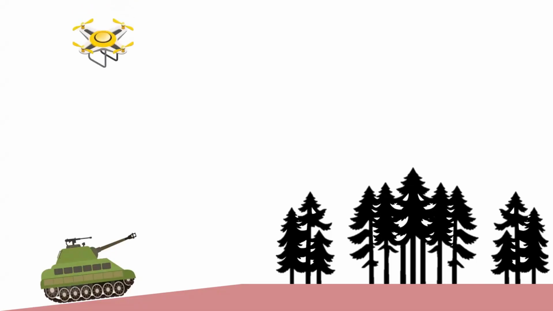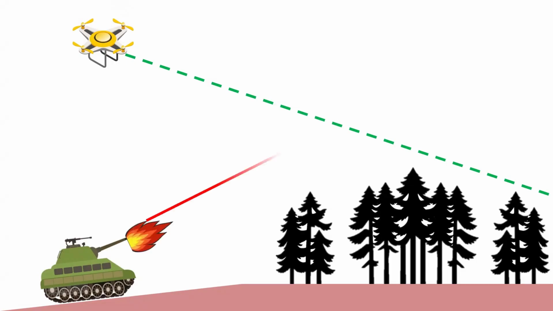But the drone has a particular flight path where it's trying to get back behind the trees and escape, and the tank has to aim and try and hit it before it reaches that escape route. So if we're able to intersect at that point, then we are successful in shooting down the drone.